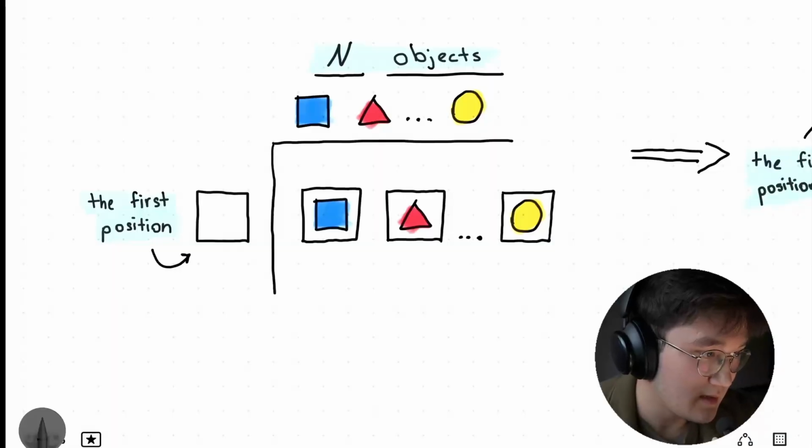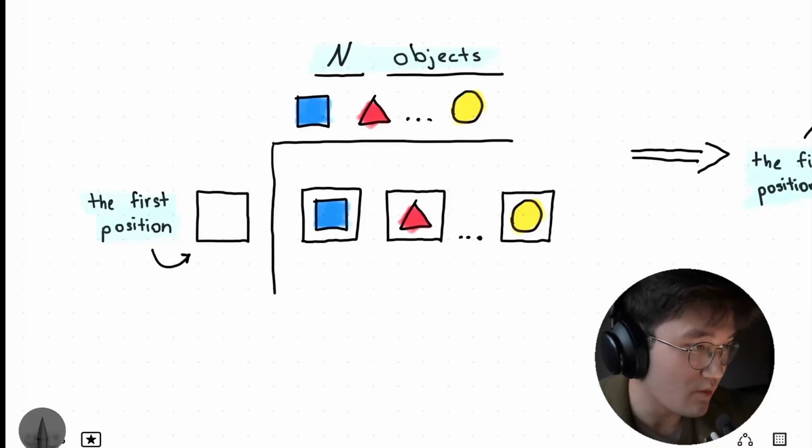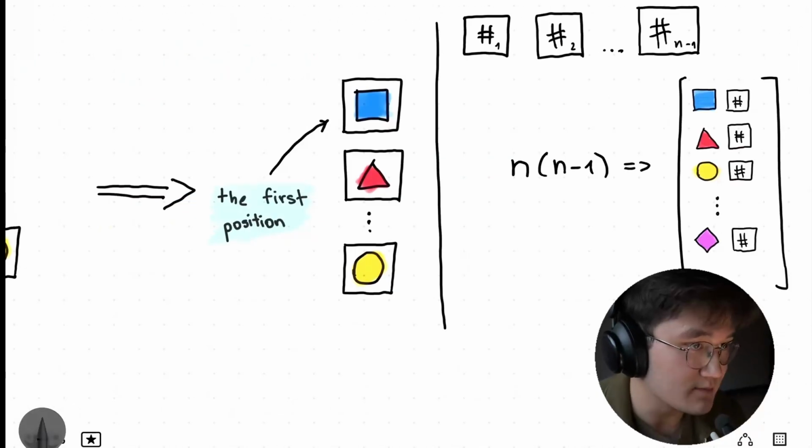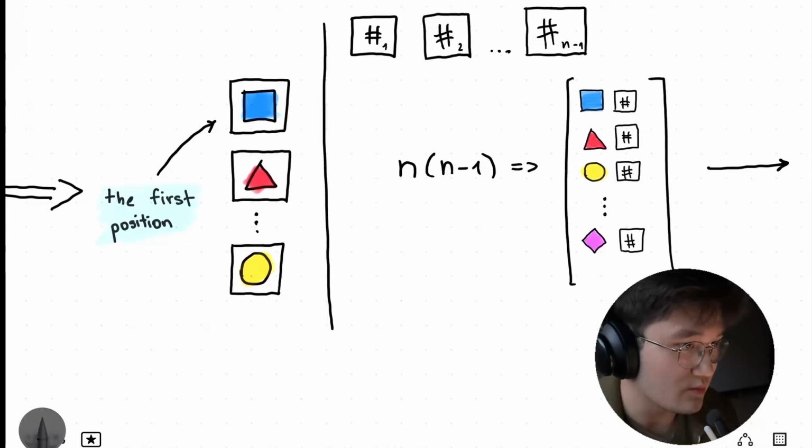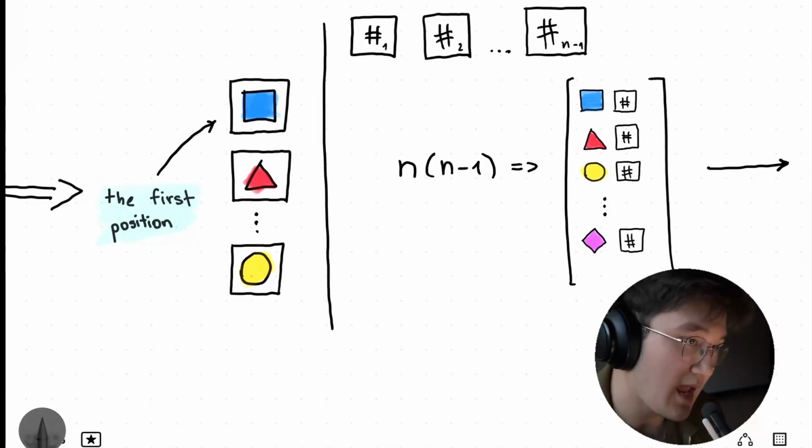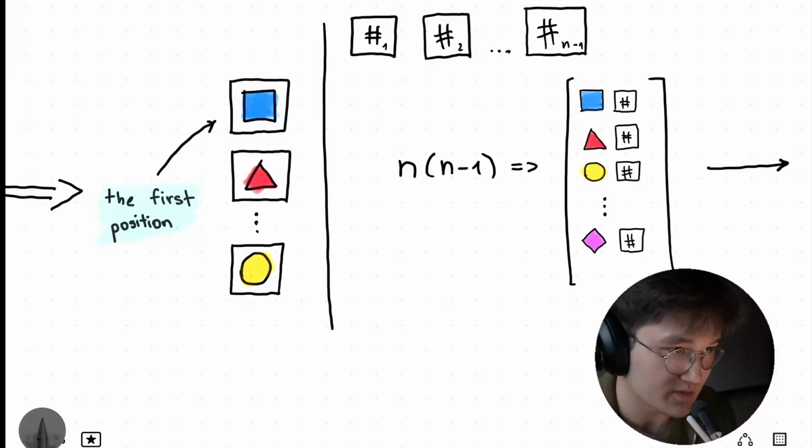Now let's generalize it. What happens if we have n objects? At the beginning, we have n objects to choose from for the first position. After choosing 1, n minus 1 objects remain for the second position. So for the first 2 positions, we have n multiplied by n minus 1 possible arrangements.